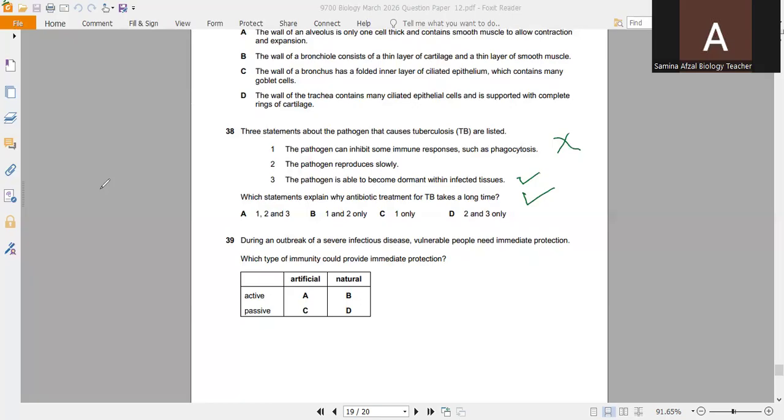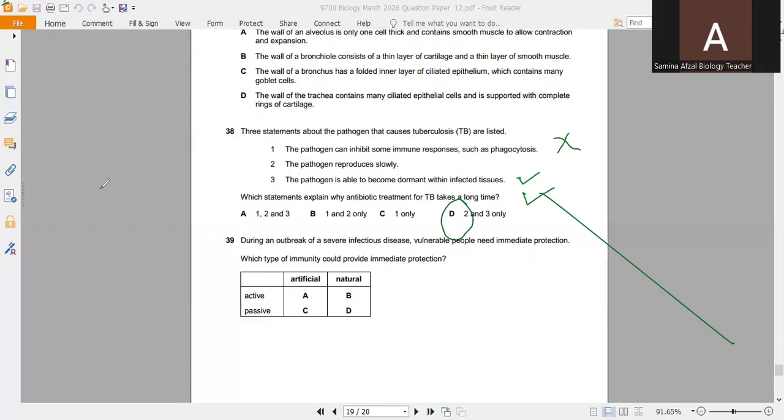Mycobacterium tuberculosis, which is the name of that bacteria, reproduces very slowly and can remain dormant inside lesions in the lungs, so it evades standard fast-acting antibiotic action. So a prolonged course ensures that bacteria are killed as they occasionally activate and attempt to divide. So statements 2 and 3 are correct. According to this, D is the correct option.